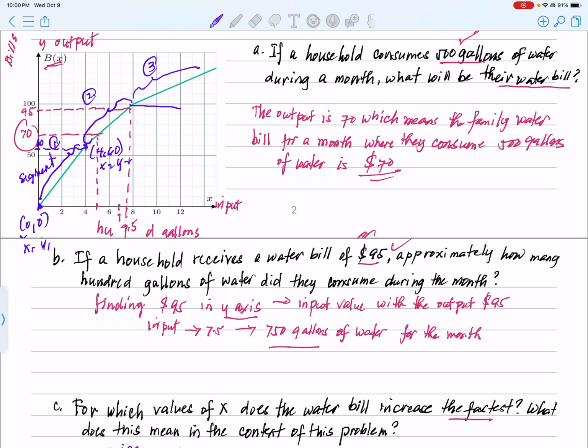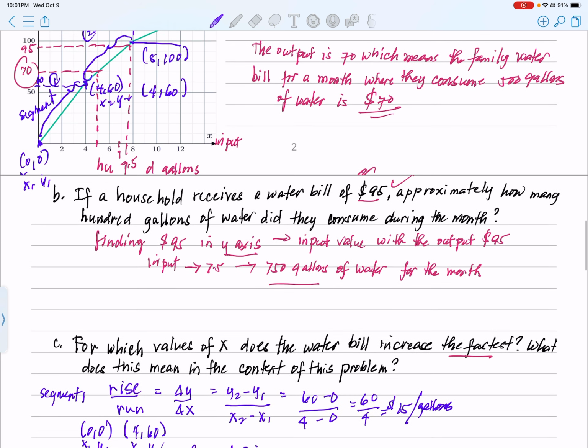So in segment number 2, what is our coordinate? When it's 8 in x, we have 100. And then, what is the other point that we have? When it's 4 in x, we have 60. Okay.